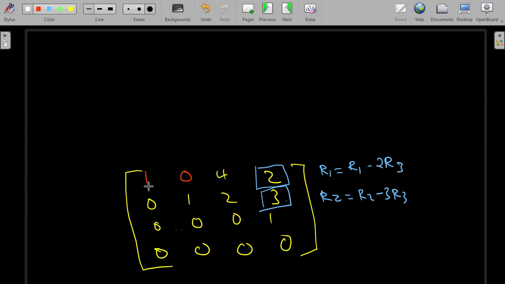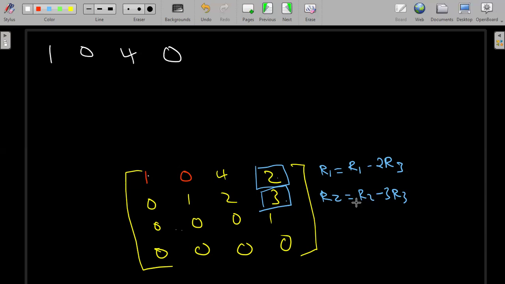So 1 minus 2 times 0 will just remain 1. Then 0 minus 2 times 0 will remain 0. Then 4 minus 2 times 0 will remain 4. And then here it will be 2 minus 2 multiplied by this 1, which now becomes 0.